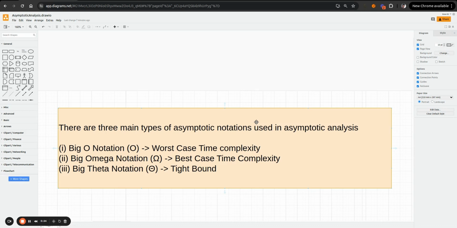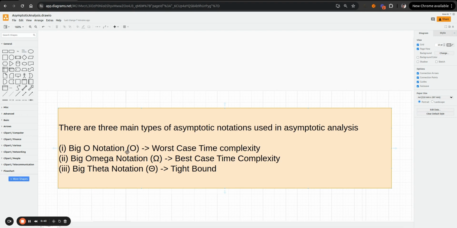So in this video, we're gonna be talking about big omega notation. Big omega notation is one of the main types of asymptotic notations, which are used in asymptotic analysis. There are three main types of asymptotic notation.